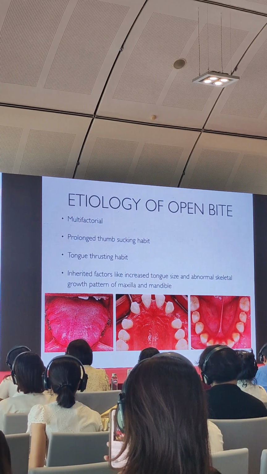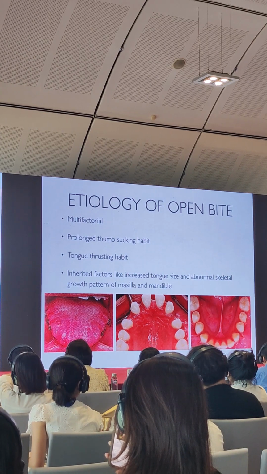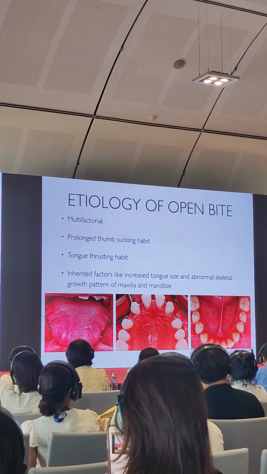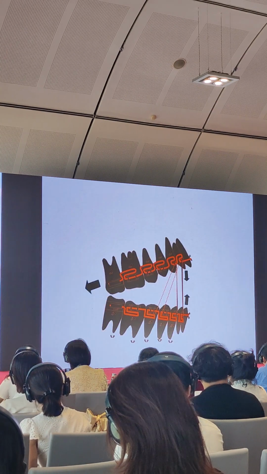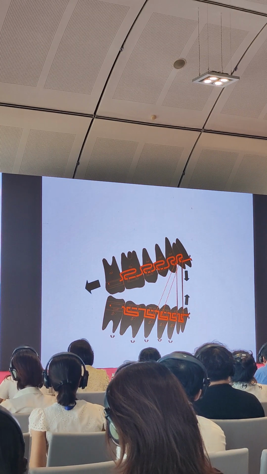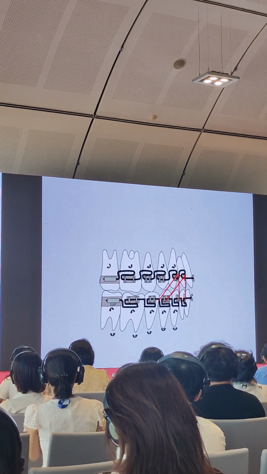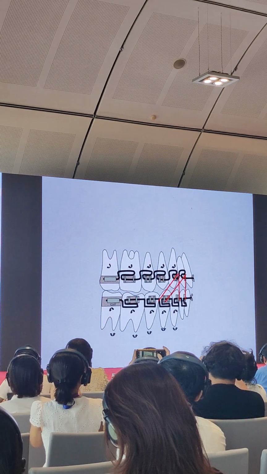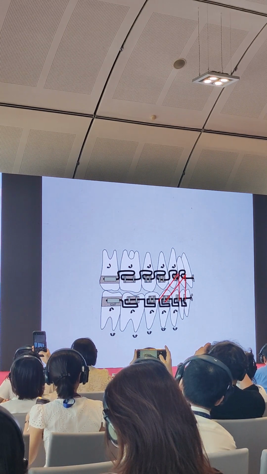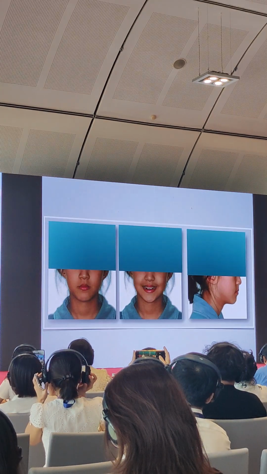If it is due to posterior discrepancy, then you correct based on the posterior discrepancy. So one of the things that we do for the MEAW mechanics is that from an open bite, we use the MEAW, we do the tip-back bend, and with the elastics, you will be able to close the bite. So here is a patient who came.